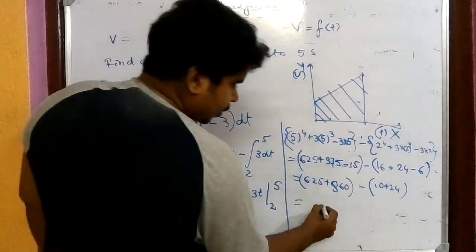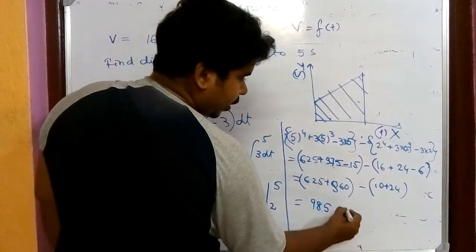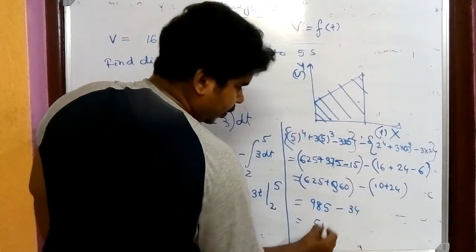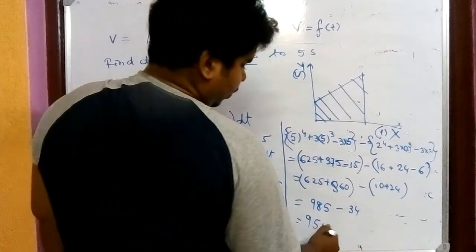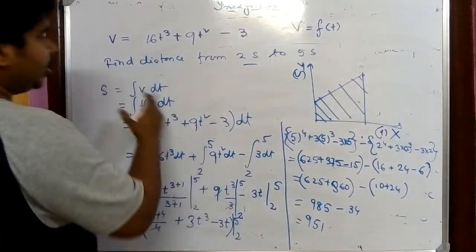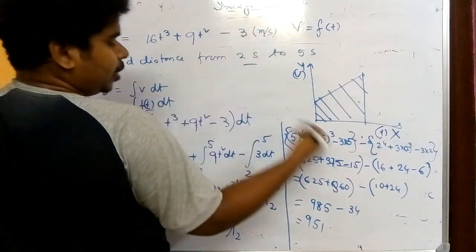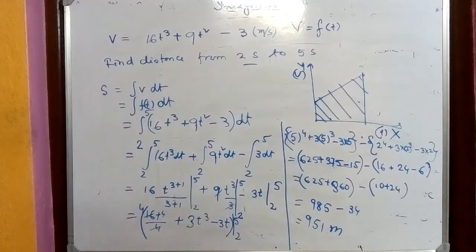So let's do it first. 5 8 9, okay, minus 34, so it is 951. Okay, if the velocity is given in meters per second, the distance it will cover is 951 meters. So this is the way the numericals may come in the exam.